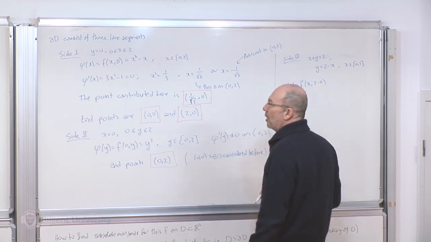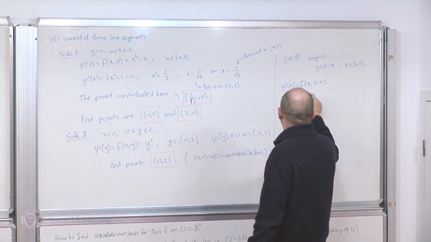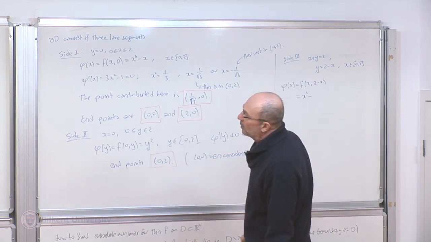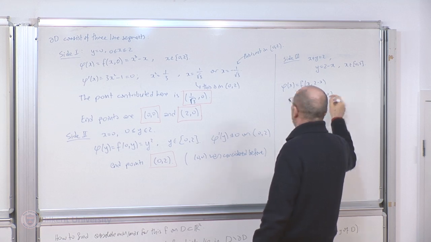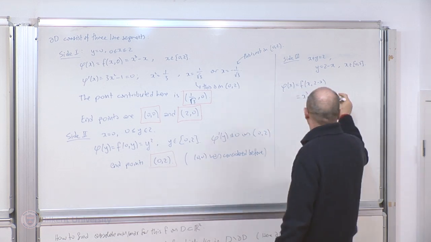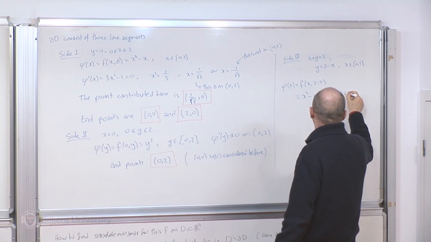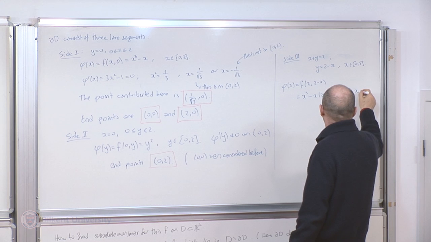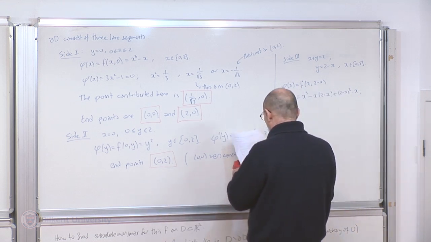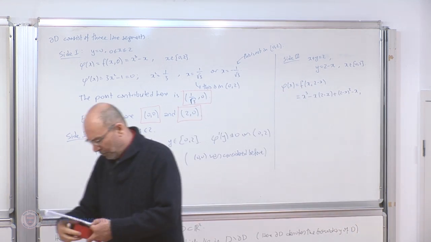So I just write this from there: x cubed minus x times y, x times (2 minus x), plus y squared, plus (2 minus x) squared, minus x. This is my function. Let me see if it is simplified.